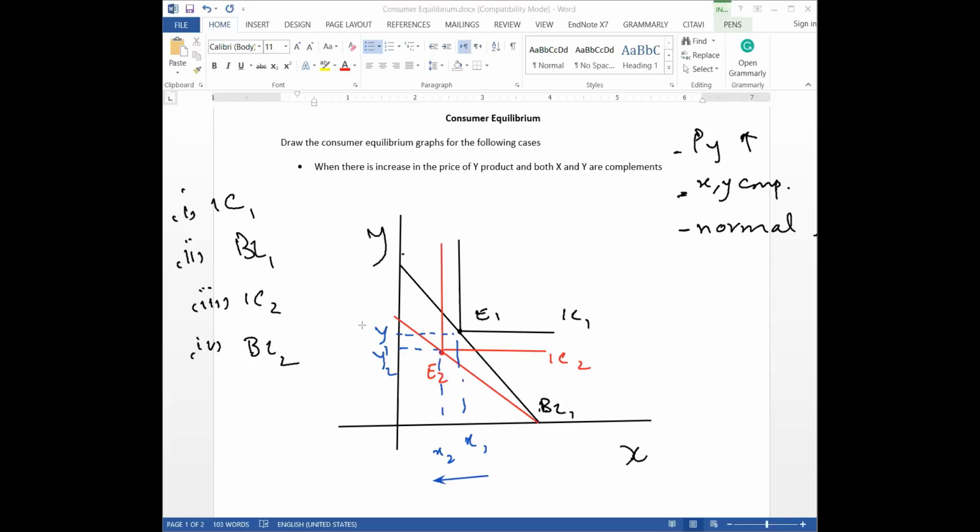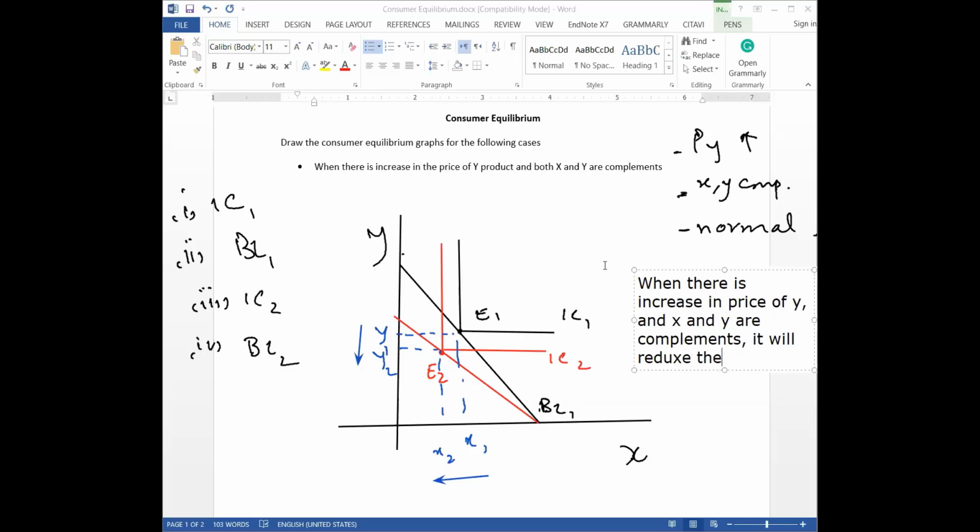There's a decrease in X and there's a decrease in Y. So I will write its interpretation: when there is an increase in the price of Y and X and Y are complements, it will reduce the demand or consumption of X and Y. If you have any question here, you can write in the chat.